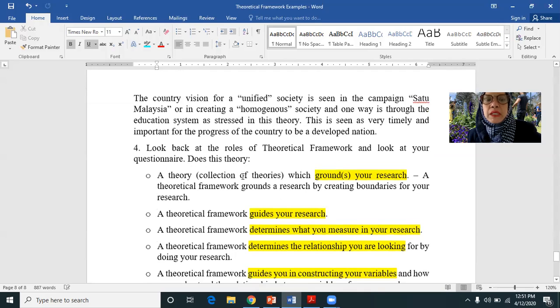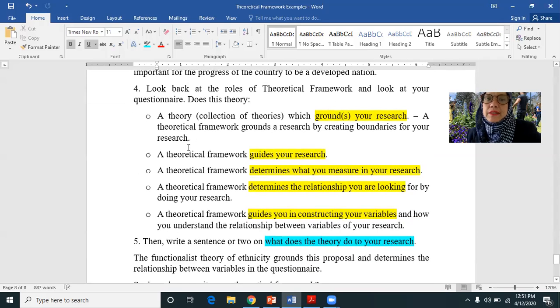And then I will look back at the roles of a theoretical framework in your proposal. I repeat, the first one, it grounds the research, it creates boundaries. Number two, it guides your research, it paves the way to what you want to achieve.